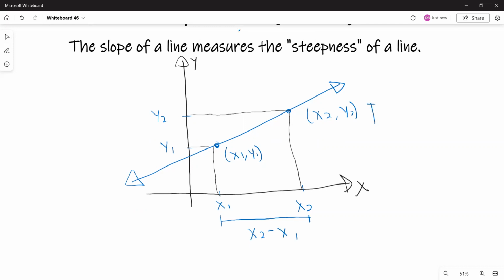And the vertical displacement, from y1 to y2, is y2 minus y1. So the horizontal displacement, we can also call it the run.